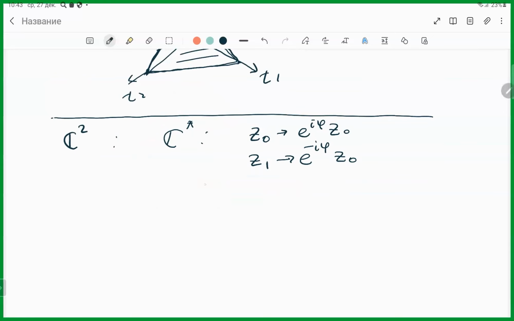And the moment map would be z0 squared minus z1 squared plus, say, constant c.